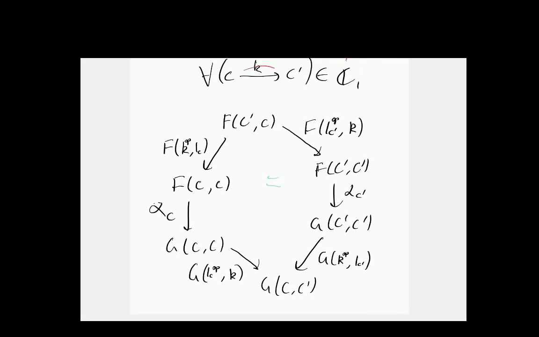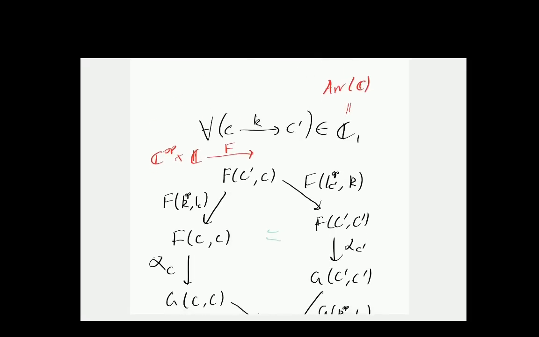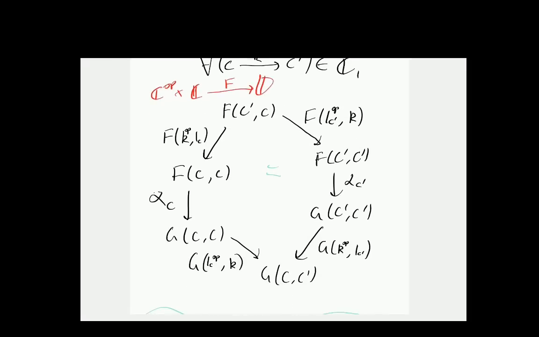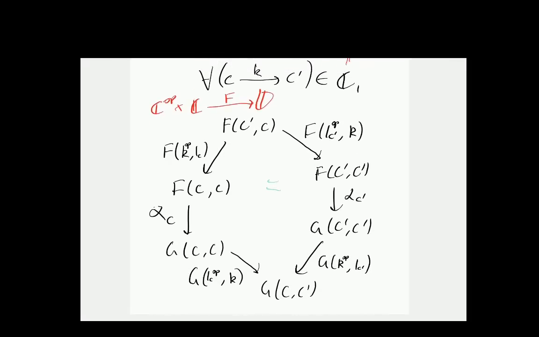What we want is that for every arrow K from C to C dash, well, if we take this arrow here, which is going to be an arrow of C op times C. So remember that F is just a functor from C op times C to D. Well, if we take an arrow in here, then of course we can apply this functor to this arrow, and that's what this is going to look like.